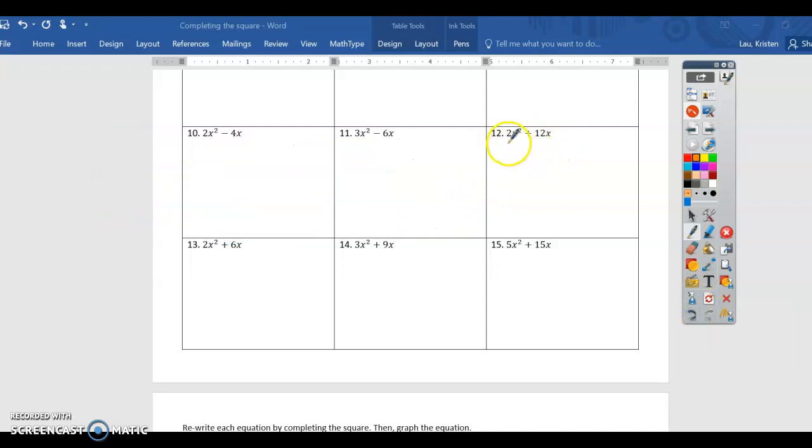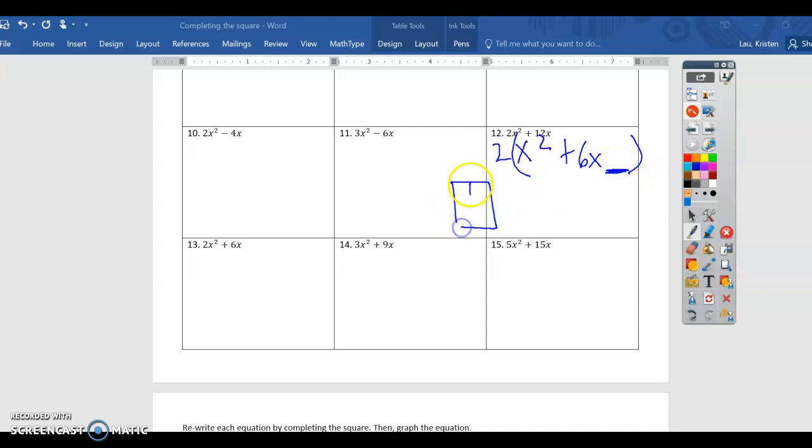So let's look here. So we have 2x and 2x. So that means I can factor out a 2 because I've got to get this x squared by itself in order to factor or complete the square. Okay, so if I factor out a 2, then I have 2, open parentheses, x squared plus 6x. So I need to know what my c value is there.